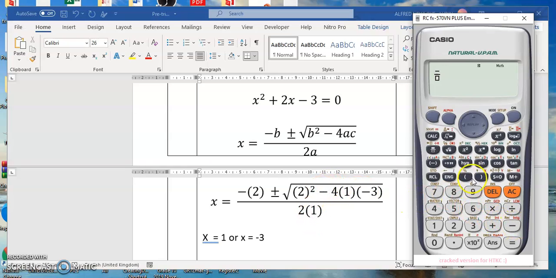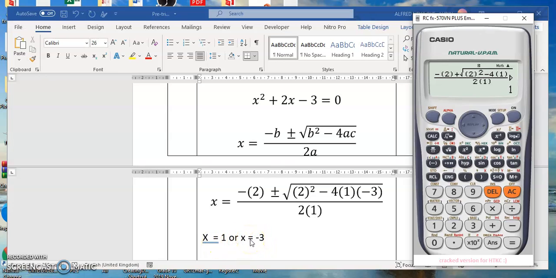Then you have your minus 2 plus the square root, 2 squared minus 4, 1, minus 3, then over 2a. When you simplify this, you are going to get 1.